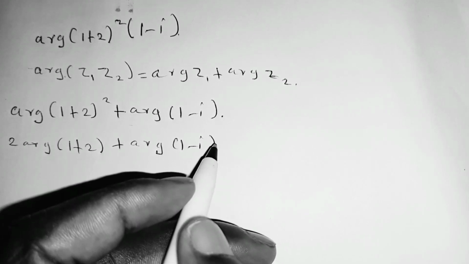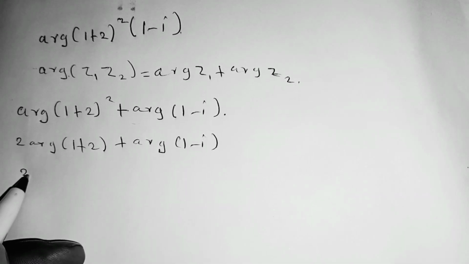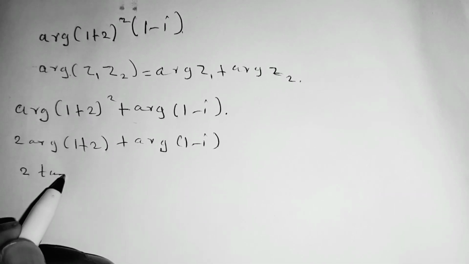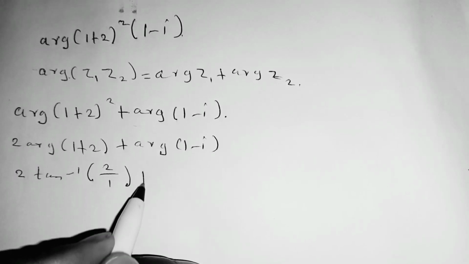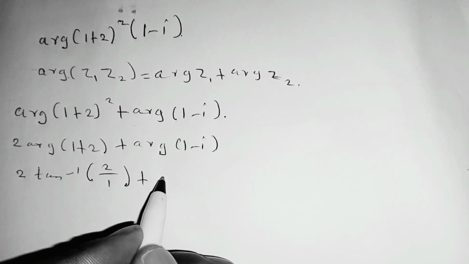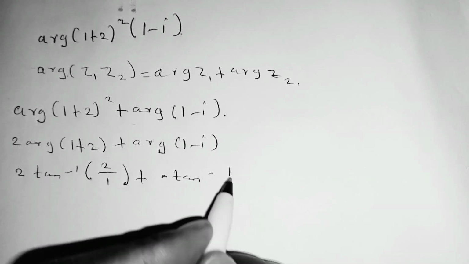That way. Then from there now, we find that this is given by 2 multiplied by tan inverse of 2 over 1, plus negative tan inverse of 1 over 1.